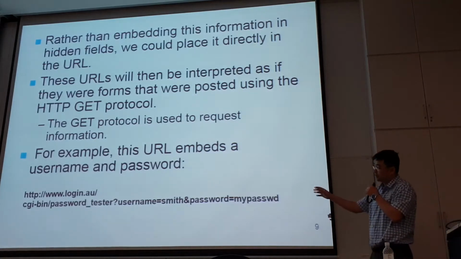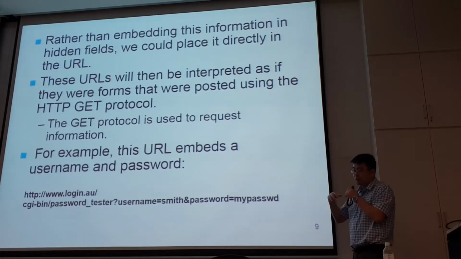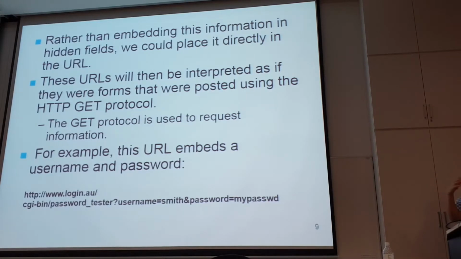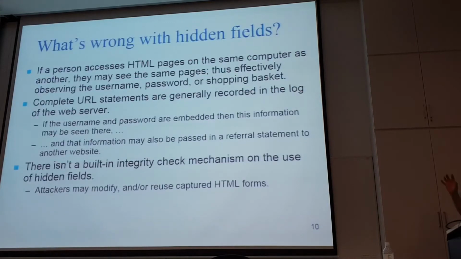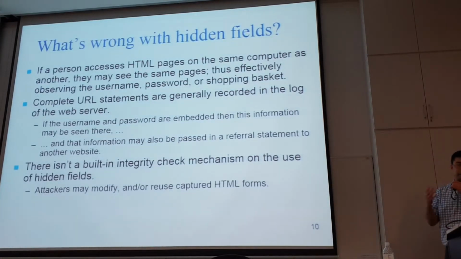Similar to the GET protocol, you can just give your username and password and send them using the GET protocol. All these kinds of methods expose the user credentials to other people. For example, with the hidden field, if someone else can access the machine, they may be able to get your username and password. For the GET protocol, similar to the previous case, if someone can eavesdrop on your communication or access, for example, the log file of the server, then they can get the information, because the log file will contain all the requests.